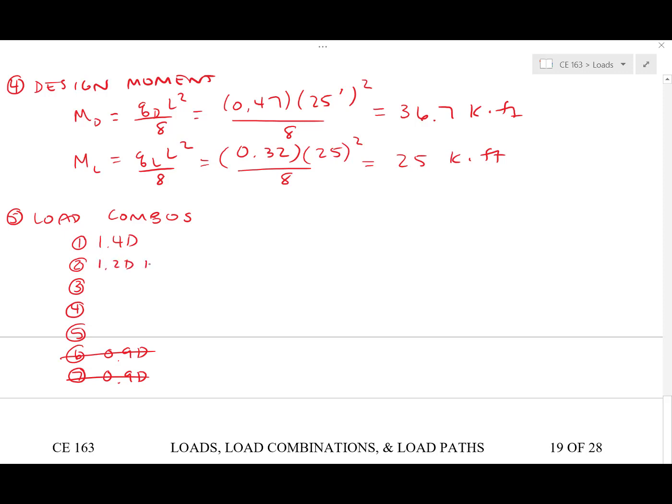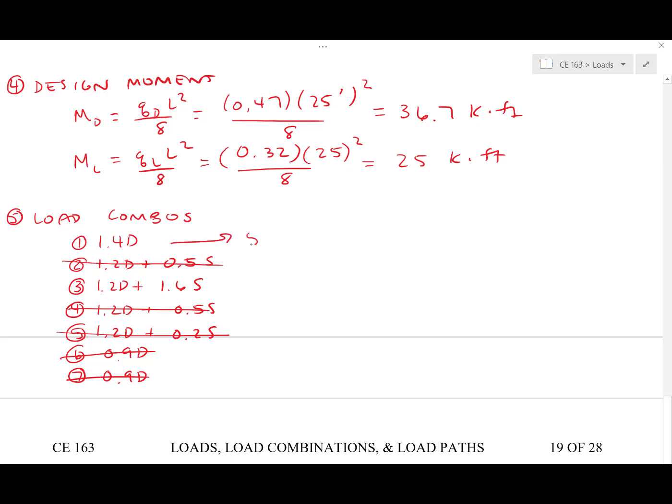Here we have 1.2 dead plus 0.5 snow, and 1.6 snow, 0.2 snow, right? This is always less than equation 3, so we're going to check these two.